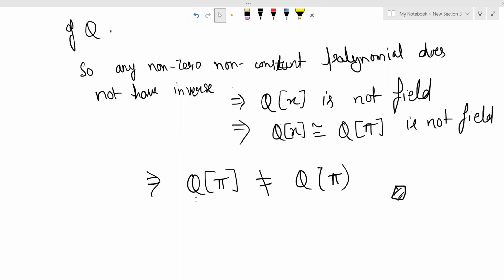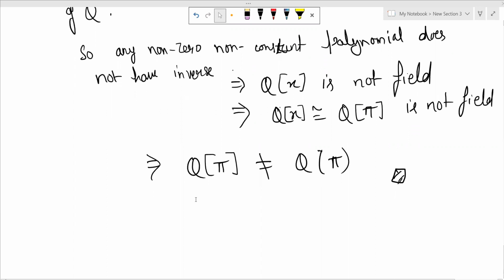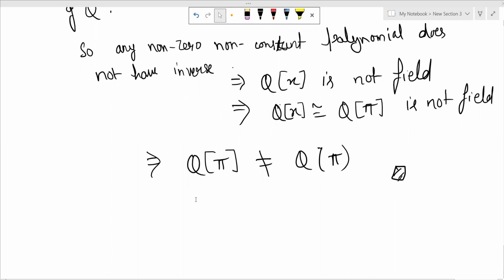So this is the idea: one is a field and the other is not. Here you have the inverse of pi, but here you don't have any inverse of pi. So both are not the same.